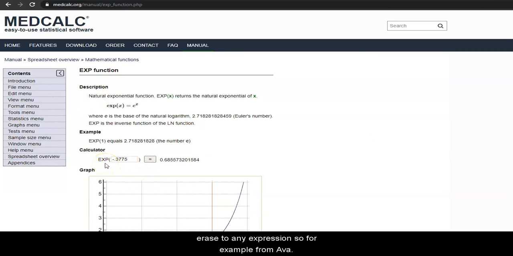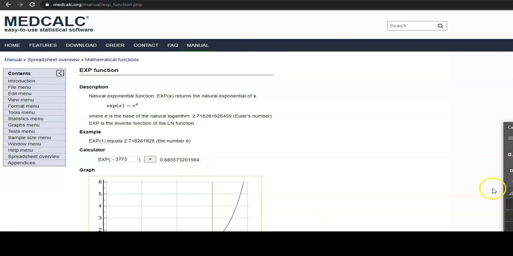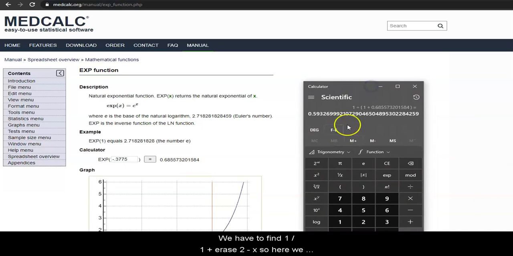From our problem, we need to find e raised to minus 0.3775, which is 0.68557. After that, we have to find 1 divided by 1 plus e raised to minus x.